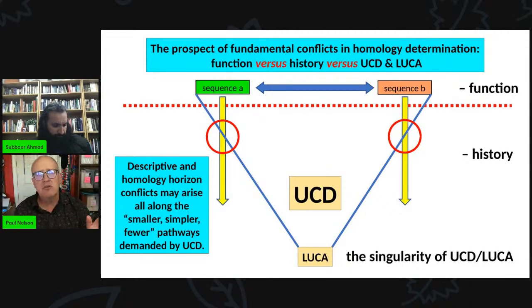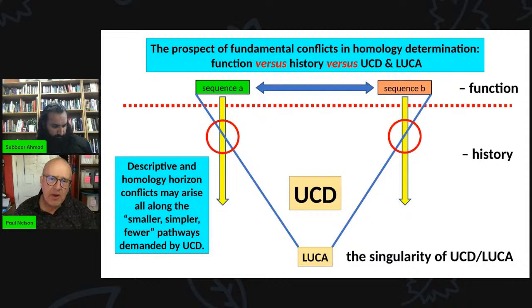Because you're going to want to work your way back to LUCA and have LUCA be not a complex organism with tens of thousands of genes coding for a whole range of different proteins, but you want LUCA to be as simple as it can be and still give rise as the ultimate ancestor to all life as we know it.